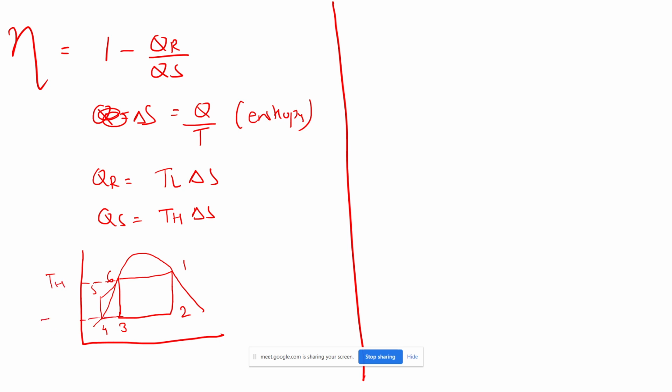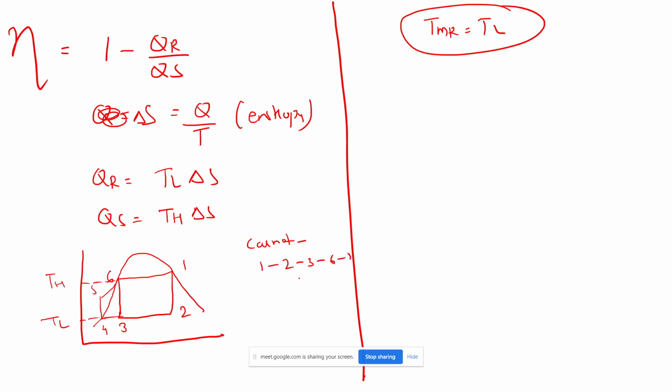This is T lower. The temperature at which heat is rejected is the same for both cycles, so the mean temperature of heat rejection will be the same, that is T lower only, for both the Carnot cycle, 1 2 3 6 1, and the Rankine cycle, which is which one?